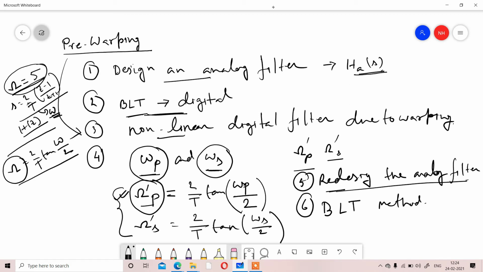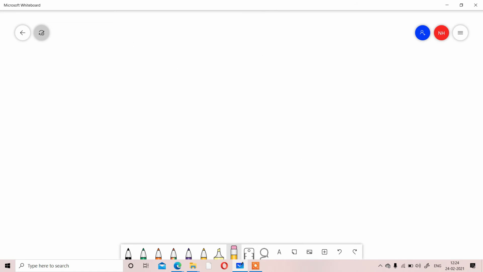So I think it is clear to all of you. Now suppose one example is given like this, a simple example, I am not considering anything complex. 1 by (s plus 1) is the analog filter transfer function.